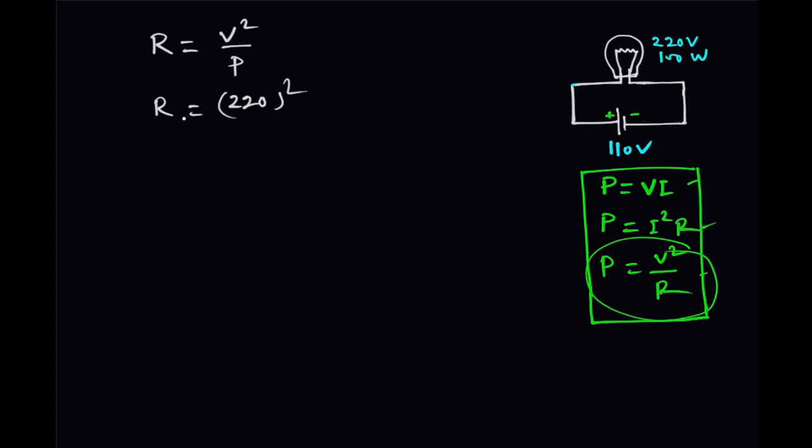So for that particular condition we are solving, and P is 100. So 220 into 220 divided by 100, how much do we get? We get 484 ohm. This is the resistance of this bulb.